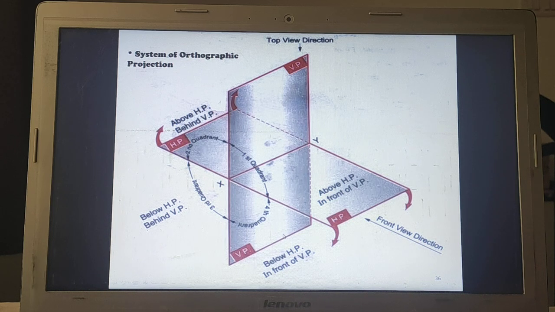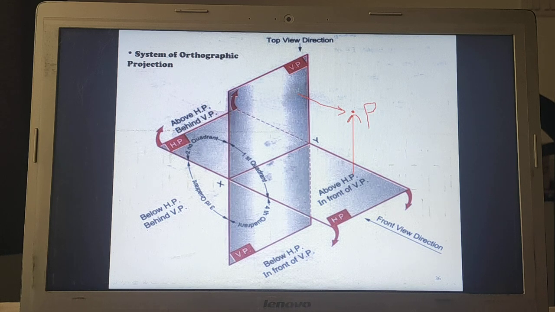Now, if we need to define the position of a point, say for example, this cursor is a point, or if we mark one point over here, how will we define its position? A point P is above the HP and in front of VP.